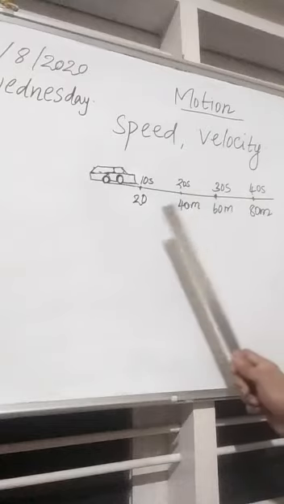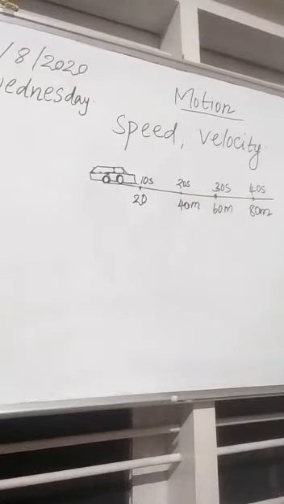So, this uniform velocity we can define as: if an object covers equal distance in equal intervals of time in a specified direction, the object is said to be in uniform velocity.